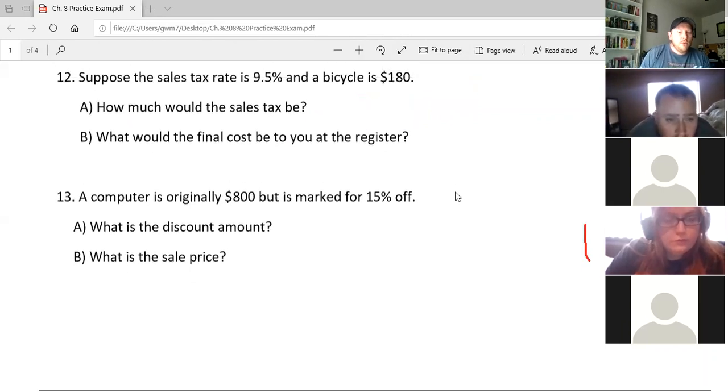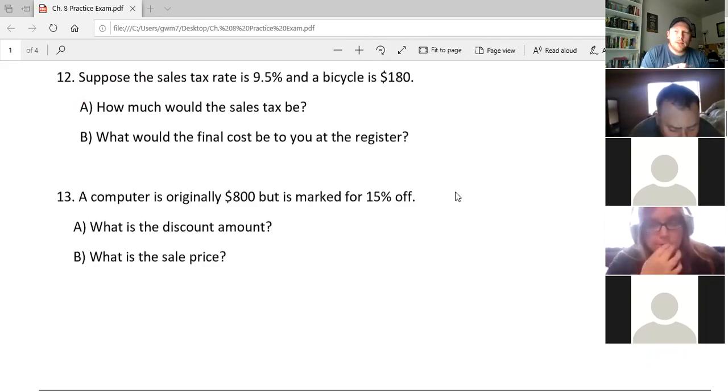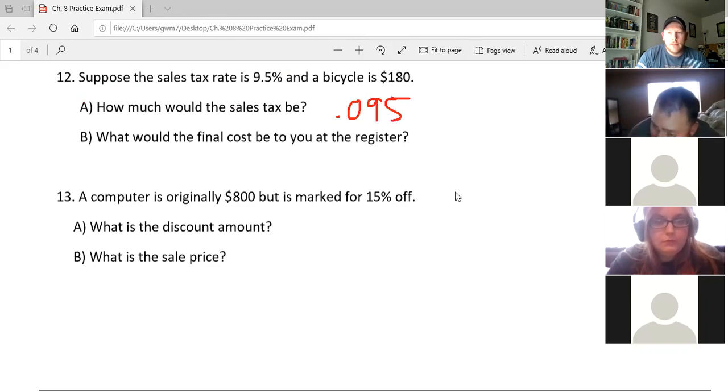Number 12. Suppose the sales tax rate is 9.5% and a bicycle is $180. How much would the sales tax be? So sales tax is just percent of the price. So it's 9.5% of 180. So we're multiplying 9.5% as a decimal times 180.